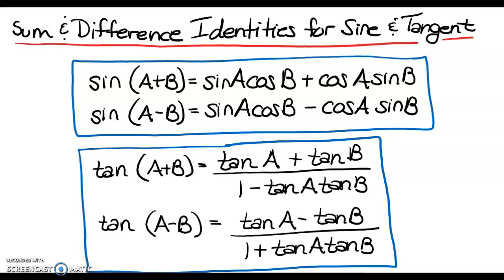For tangent, I think they go through a brief proof in the book too, so if you're interested, you can look at that to see how they came up with those formulas. But these are the formulas for the sum and difference of angles for sine and tangent.